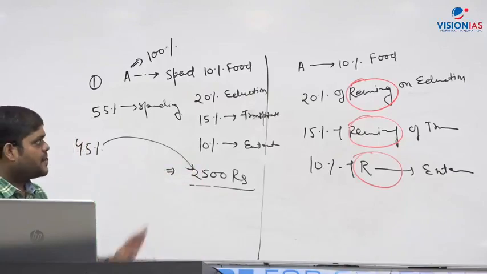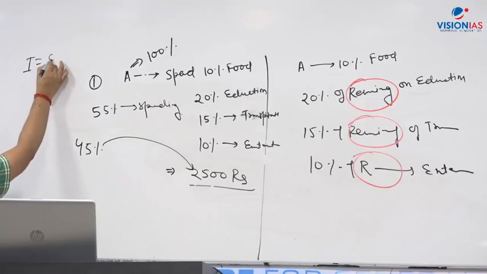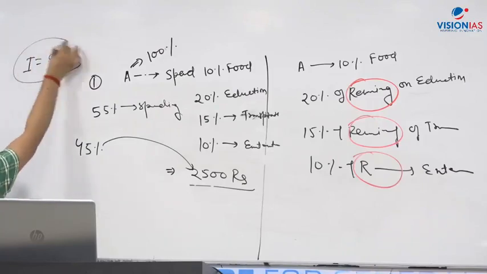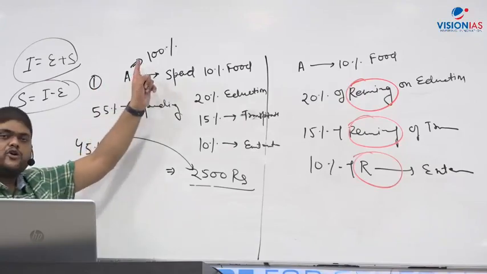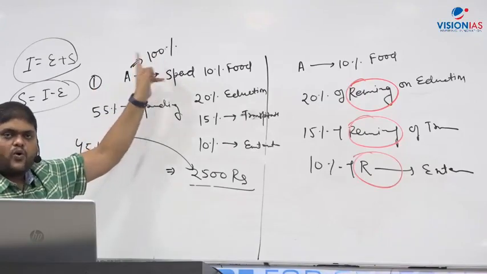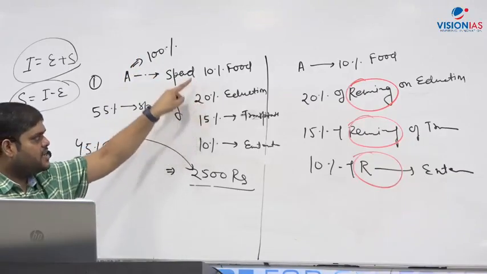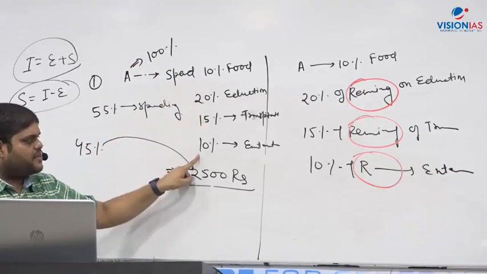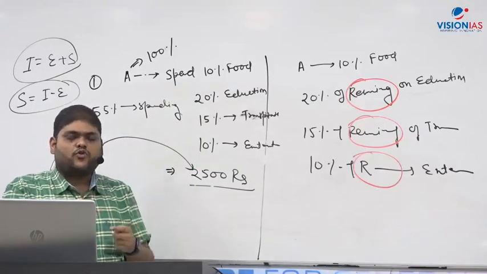We know that income is equal to expenditure plus saving, or not? So saving is equal to income minus expenditure. Income was 100%. Expenditure is 10% food, 20% education, 30, 45, 55, that means 55% of total money.